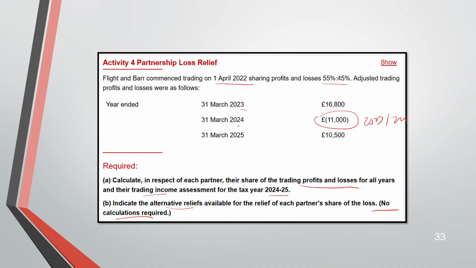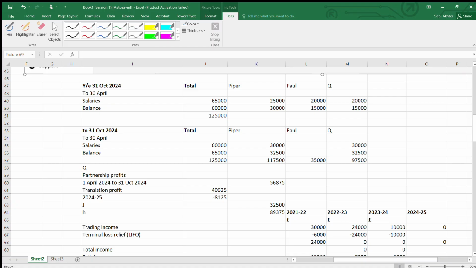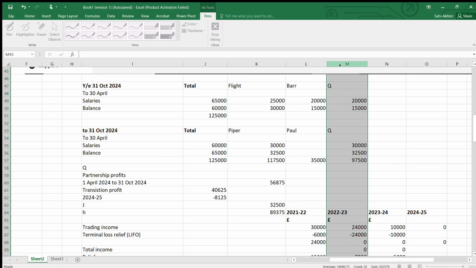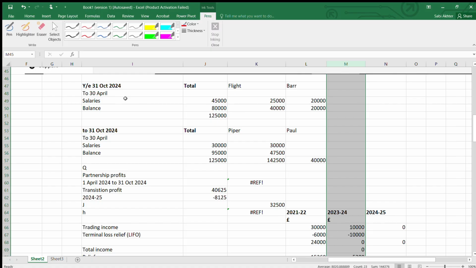So let us quickly do activity 4. This was the answer for the previous activity, activity 3, so here only we can change. Remember the allocation of profit and loss for the 3 years between the 2 partners. Here is the total. We'll just change the names to Flight and Bird.